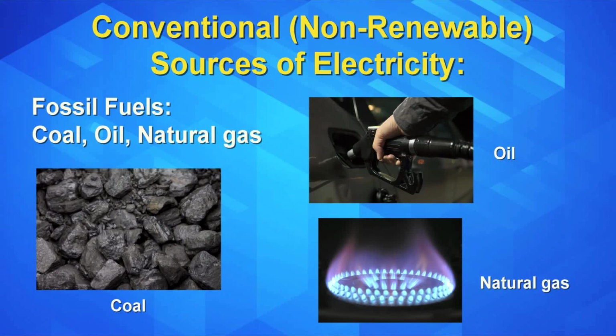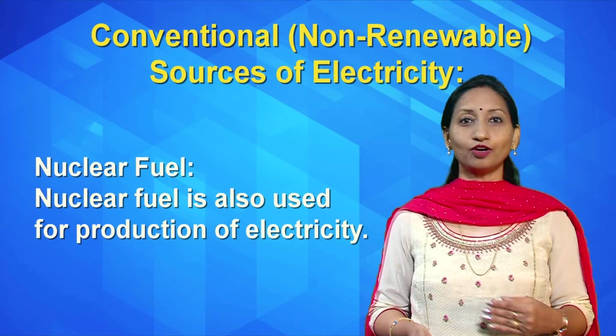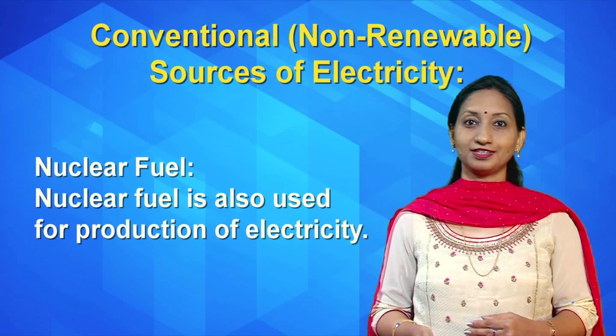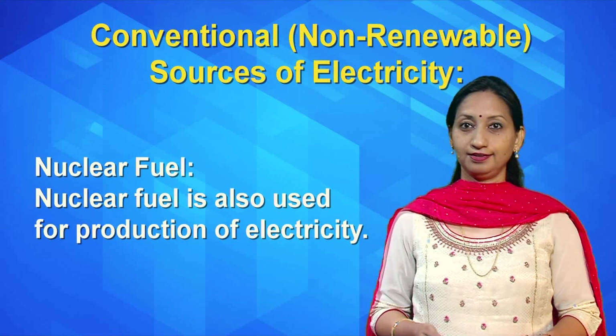coal, oil, and natural gas are sources of electricity known as fossil fuel. These fuels are burned in power plants to produce heat, which is then used to generate steam to drive turbines connected to the generator. Another conventional source of electricity is nuclear fuel.